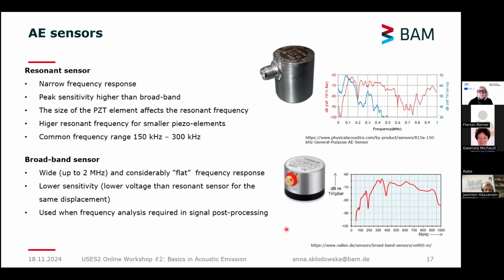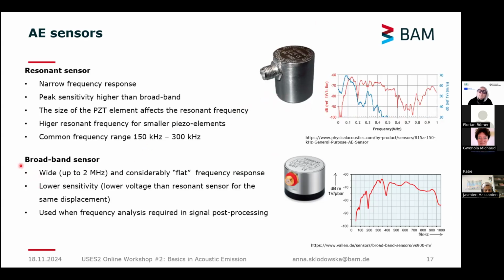So basically, for smaller piezo elements, we have higher resonant frequencies, and the bigger we get, the lower the resonant frequency we obtain. They usually operate in the range between 150 and 300 kilohertz, and this is an example of a sensor. I think this is one that is quite commonly used, the R15 type of sensor, and the blue line is its response function. You can see it has a peak, and then the other frequencies are de-amplified.